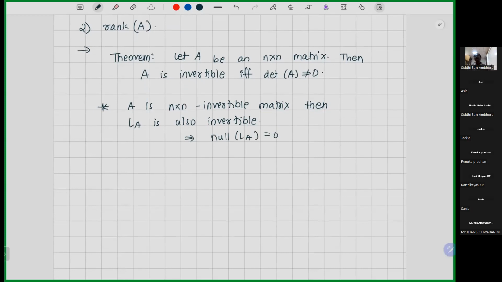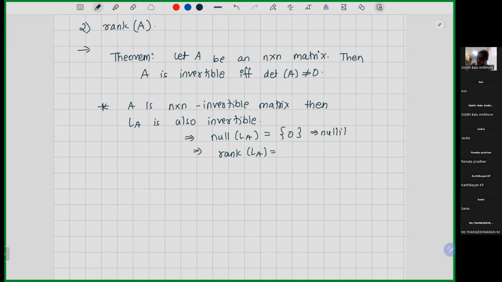And again by the dimension theorem, the rank of LA will be n minus the nullity of LA. The null space is 0, and therefore the nullity of LA is 0. So the rank of LA is, since LA is from Rn to Rn, the dimension of V, n minus 0, which is n.